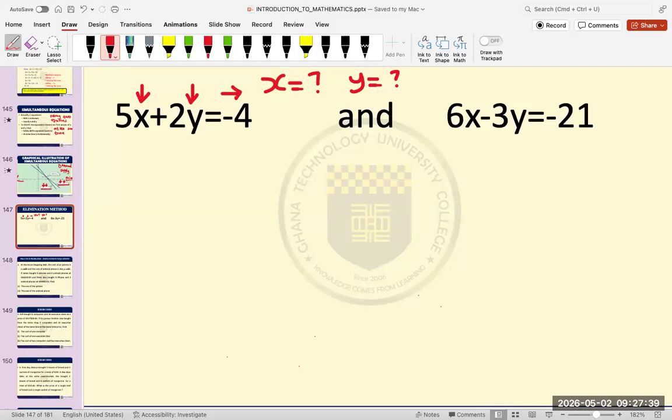In the same way, when you fix the same x here and the same y here, the final answer should give you -21. And that's what we want to do.